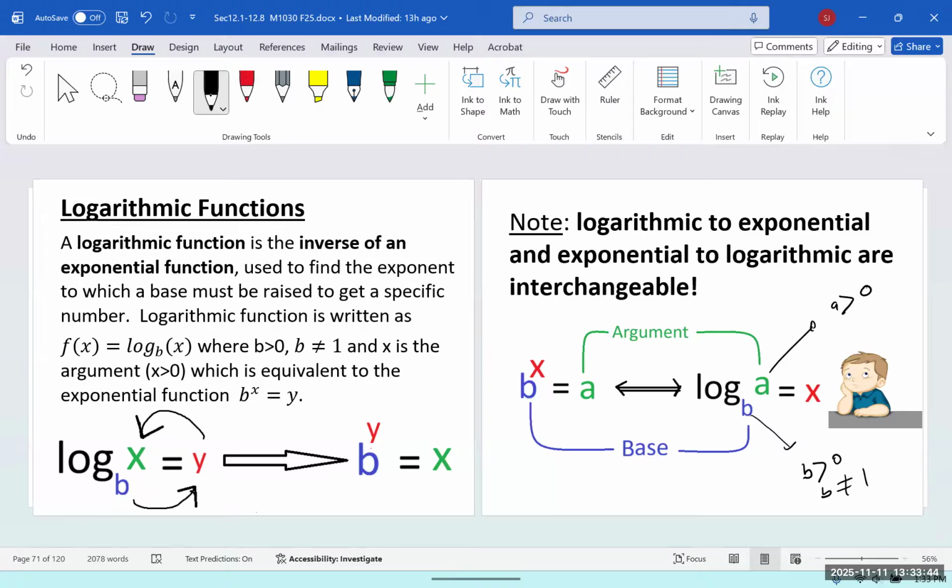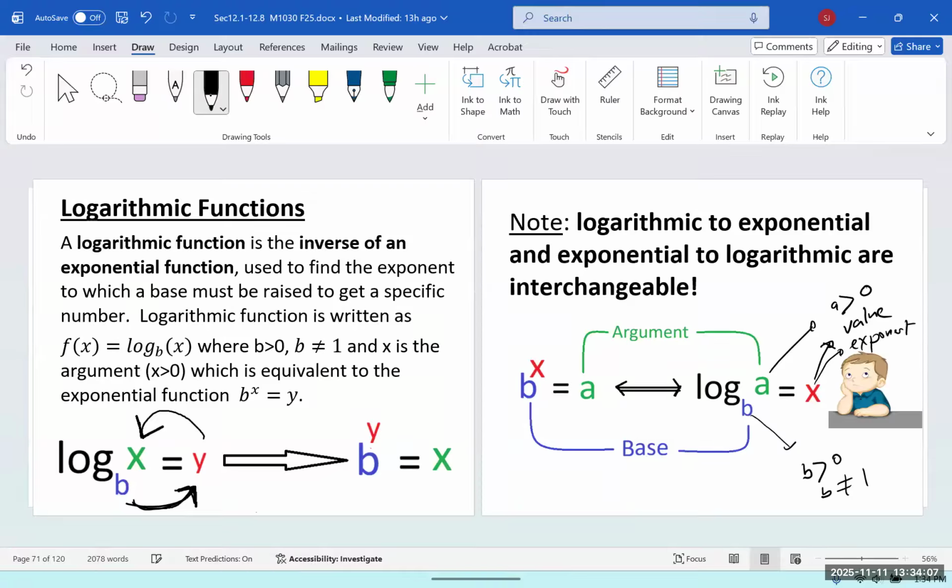How do we change? We use a cycle. So whatever we have for the base, that base gets the right side of the equal sign. Different people call it different things. Some people call it just value, like the y value, and some people call it exponent.